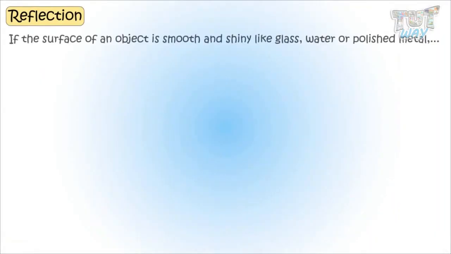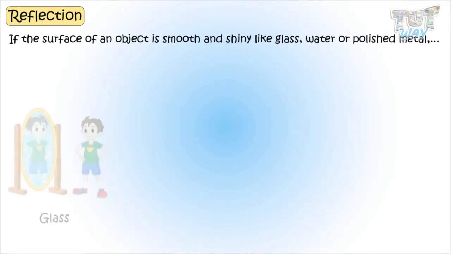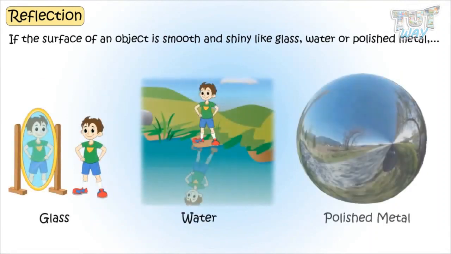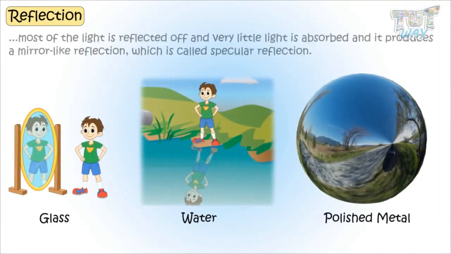And if the surface of the object is smooth and shiny, like glass, water, or polished metal, most of the light is reflected off and very little light is absorbed. And they produce mirror-like reflection, which is called specular reflection.